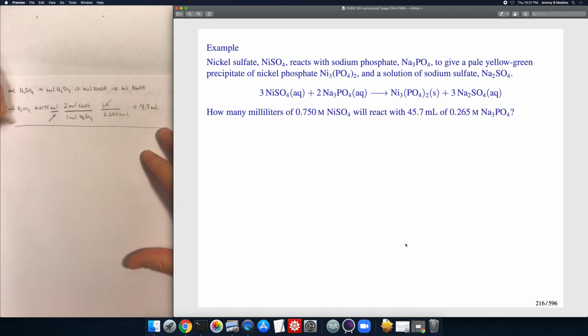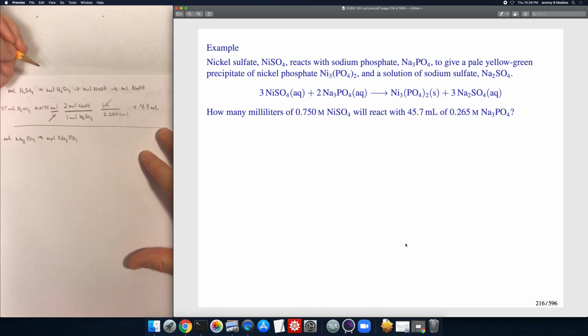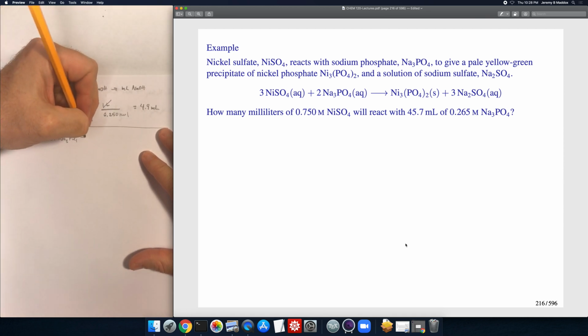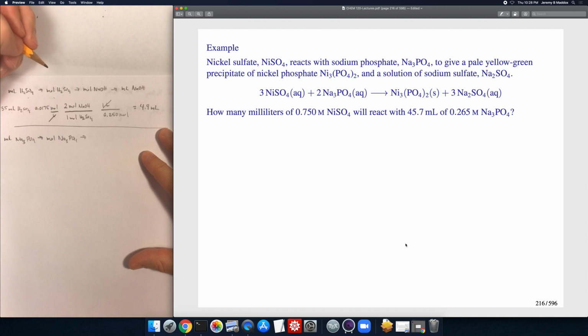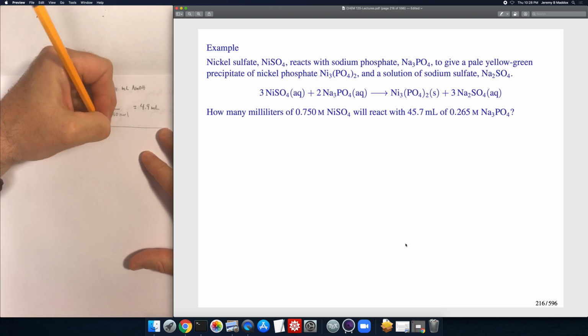We are going to convert the milliliters of the sodium phosphate solution to moles of sodium phosphate. From there, we're going to use the chemical reaction to convert that to the moles of nickel sulfate. I should say the nickel 2 sulfate.